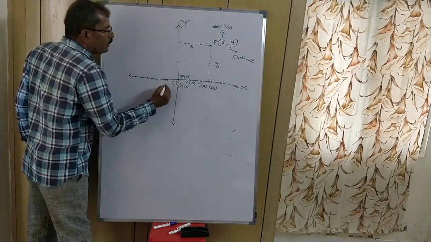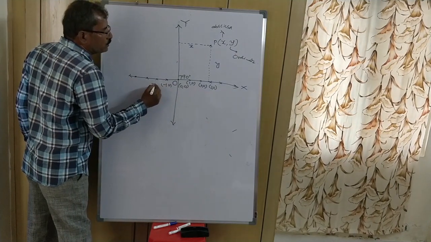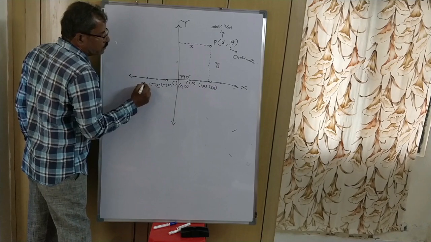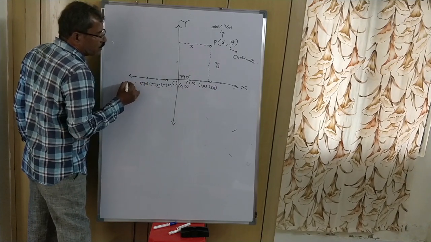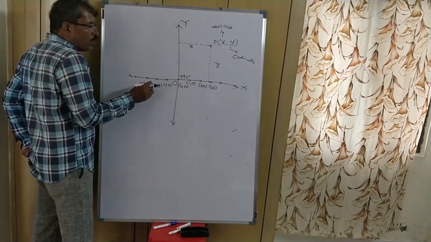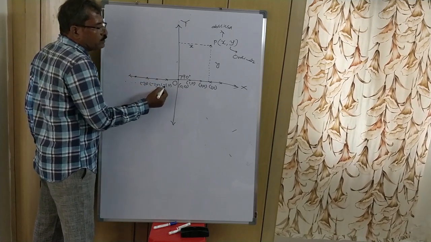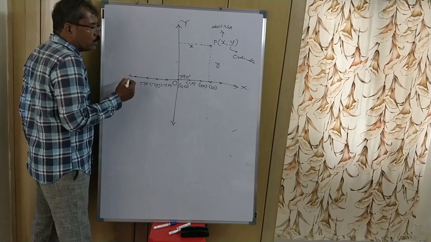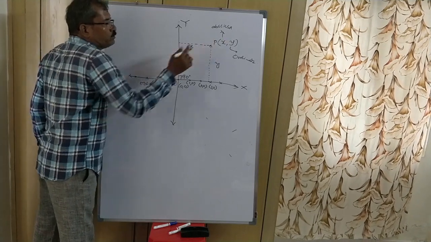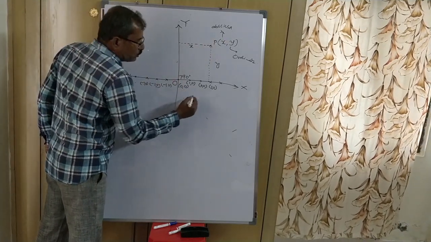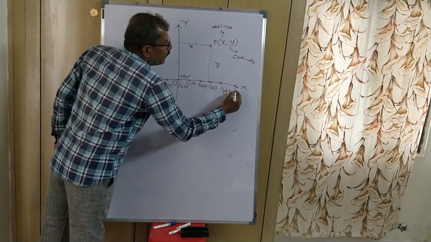Here you have minus 1, 0, minus 2, 0, minus 3, 0, and so on. You observe that in all these points, the y coordinate is 0 only. So y is equal to 0 denotes the x-axis.